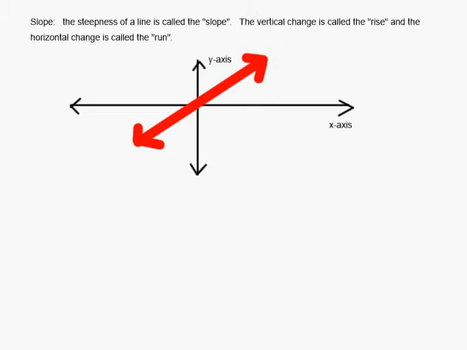So if we have this line here, vertical change is called the rise, and the horizontal change is called the run.